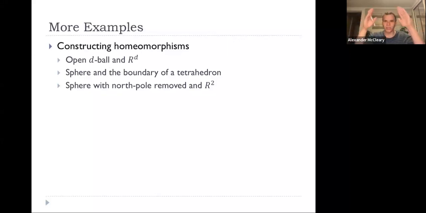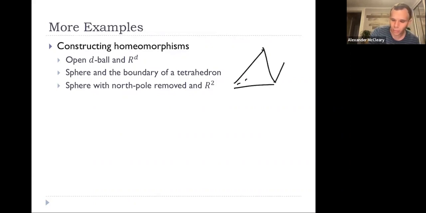A tetrahedron is like a pyramid shape with triangles on all sides. If it's empty in the middle, so it's hollow inside, topologically it's the same as a sphere. You can imagine gently smoothing down the corners a bit. You don't have to glue, tear, or rip anything to get it that way.